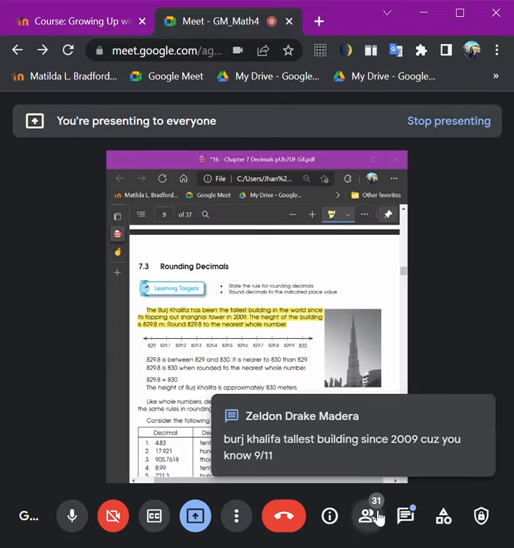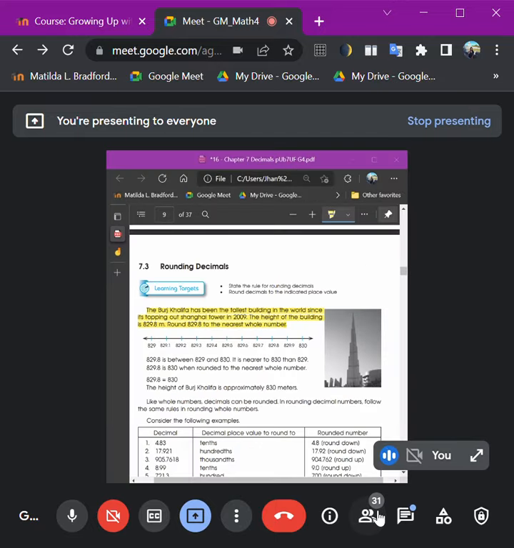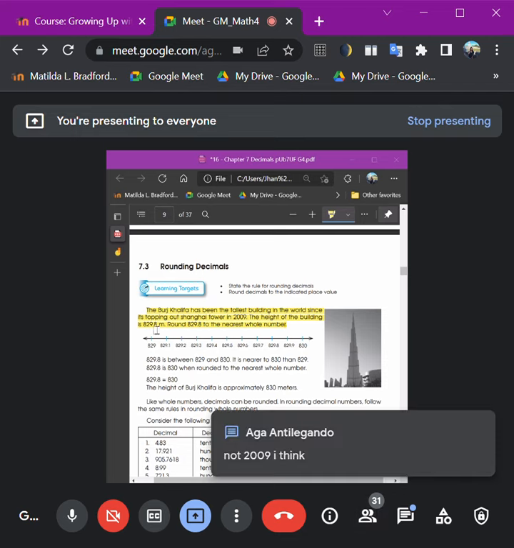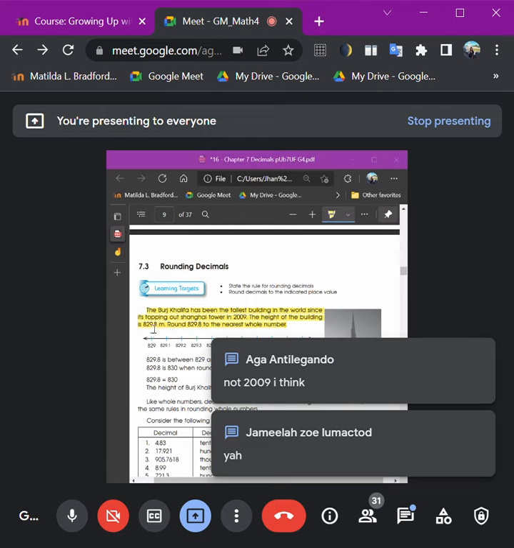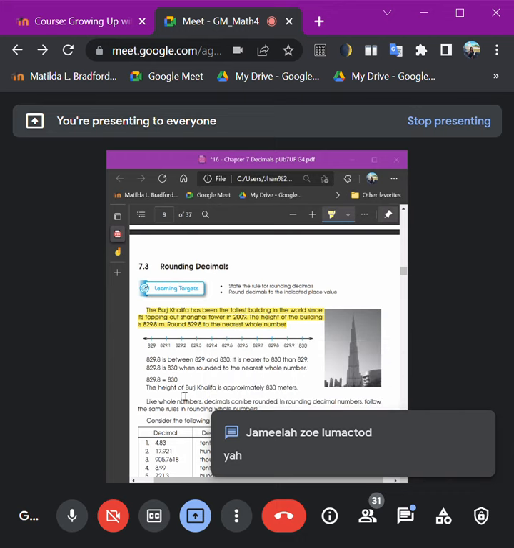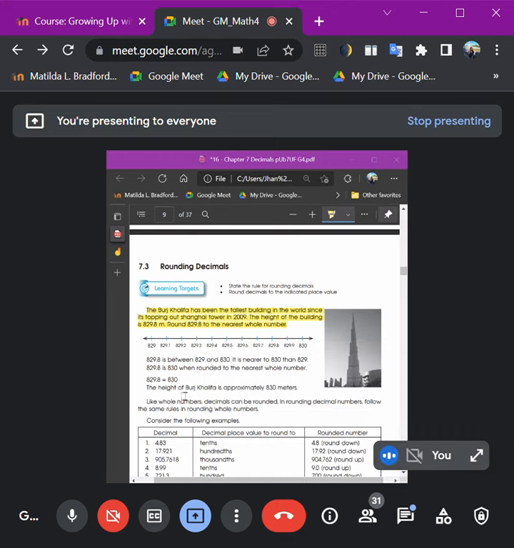Okay. Or we can read that one as the height of the building is 829 and 8 tenths because that is in decimals man. Okay? And then you have there, we're going to round 829 and 8 tenths to the nearest whole number. So thank you for that one, Tristan.